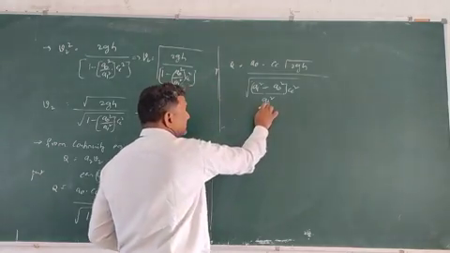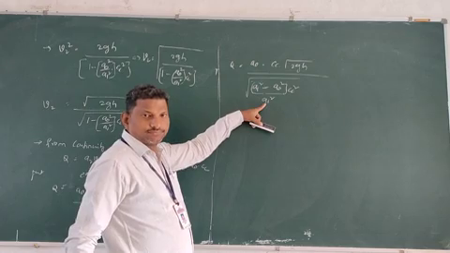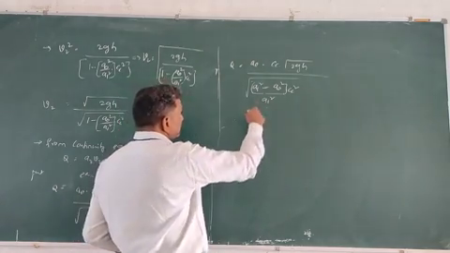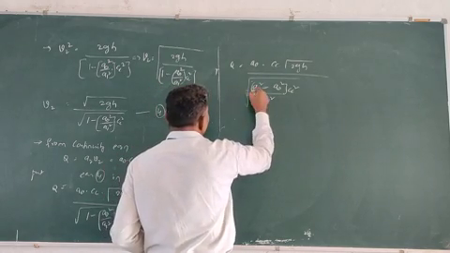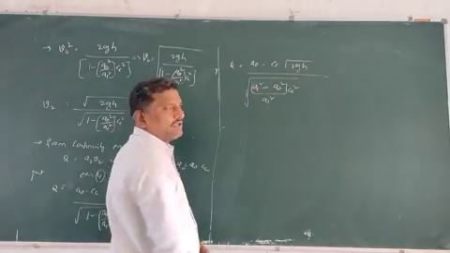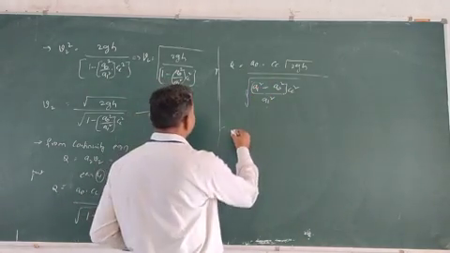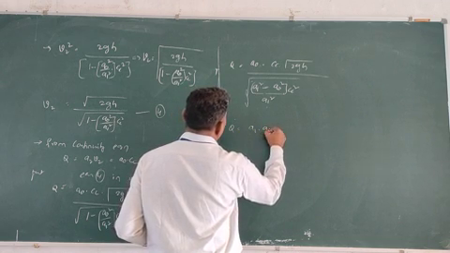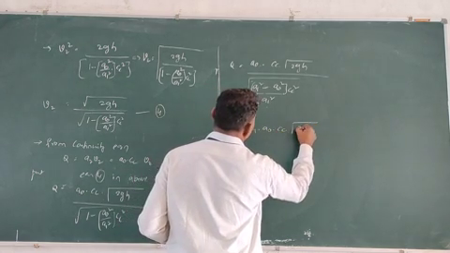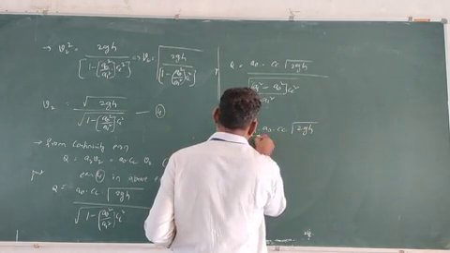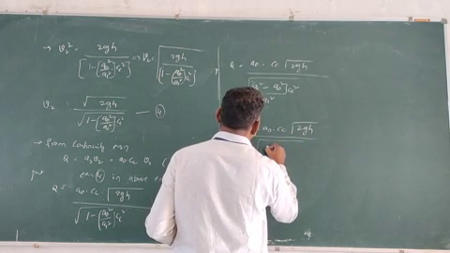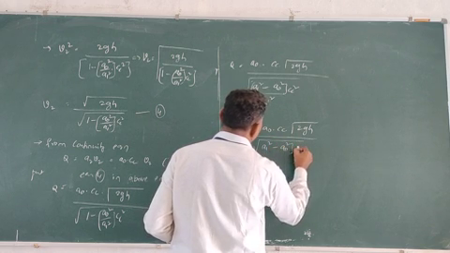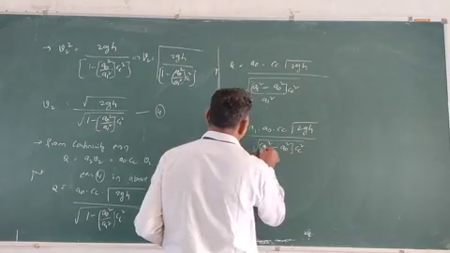So take this square root of A1 square to the numerator. So Q is equal to A1 A naught CC into square root of 2gH divided by A1 square minus A naught square into CC square.